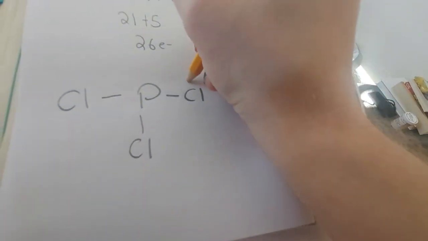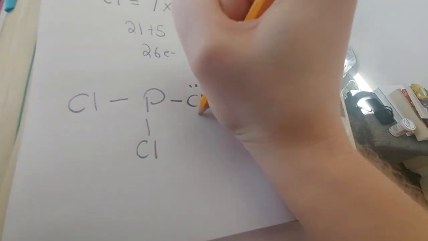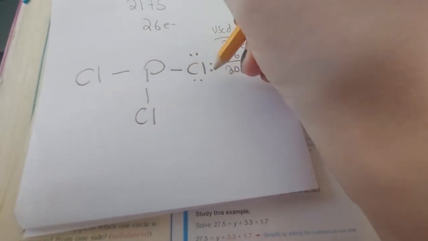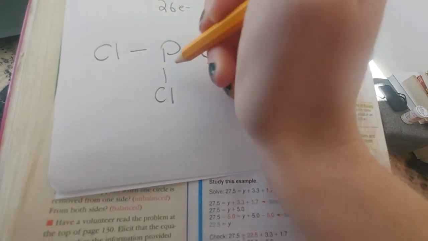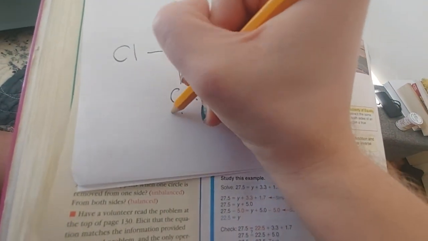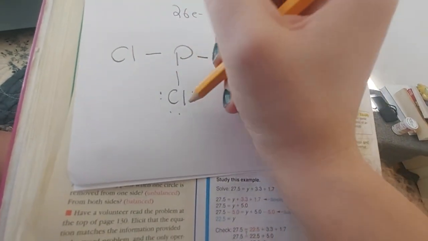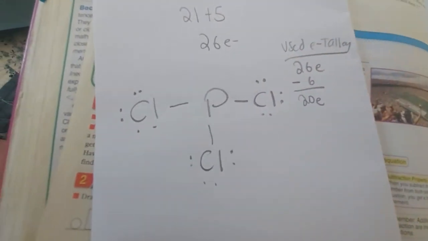I already have 2 here, so 1, 2, 3, 4, 5, 6, 7, 8. This one now has 8. I already have 1, 2, 3, 4, 5, 6, 7, 8. That one now has 8. Then I have 1, 2, 3, 4, 5, 6, 7, 8.